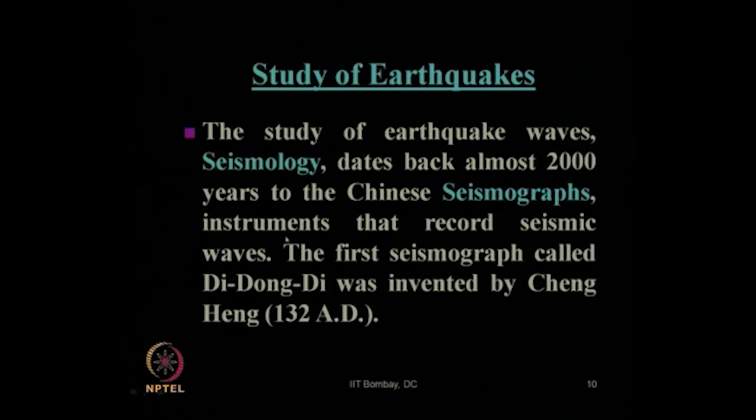Seismographs are those instruments which record the seismic waves or seismic characteristics. The first seismograph in the world is called Di Dong Di, and it was invented by Cheng Heng in China in 132 AD. So, that is why we said that close to 2000 years back, this study on earthquakes had started or was recorded.